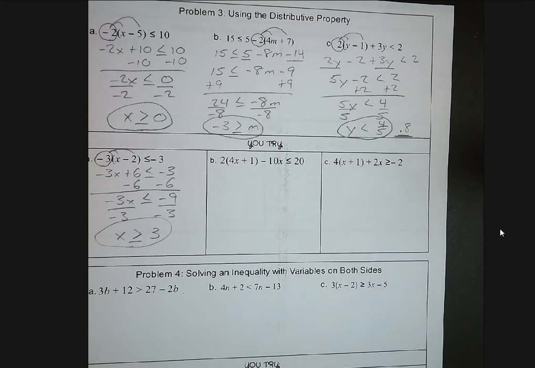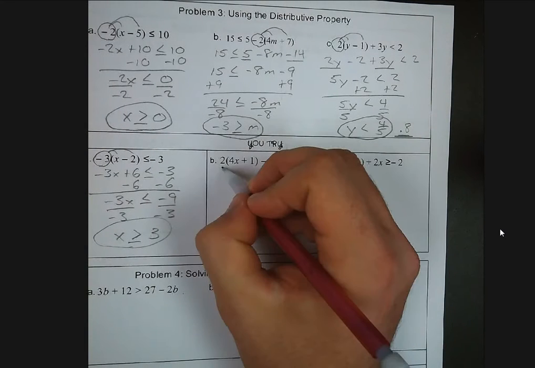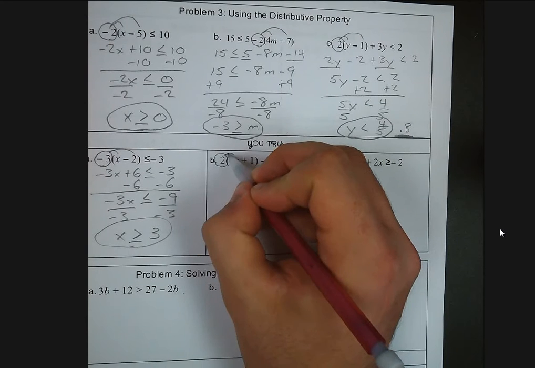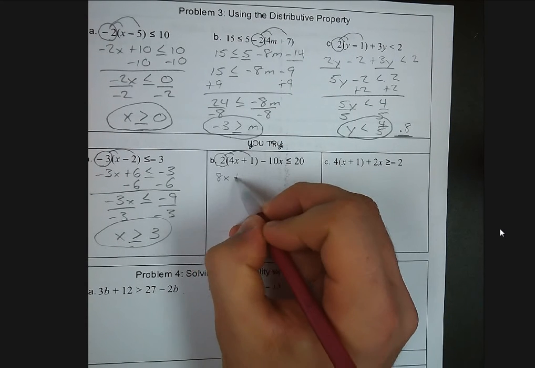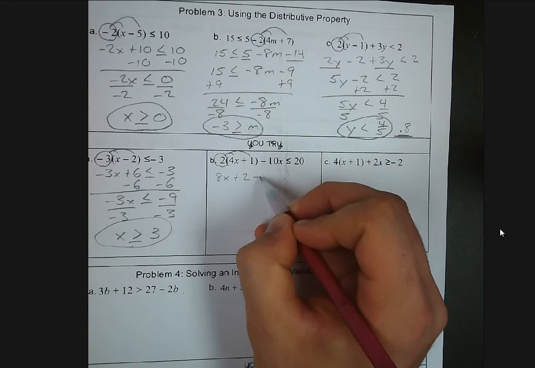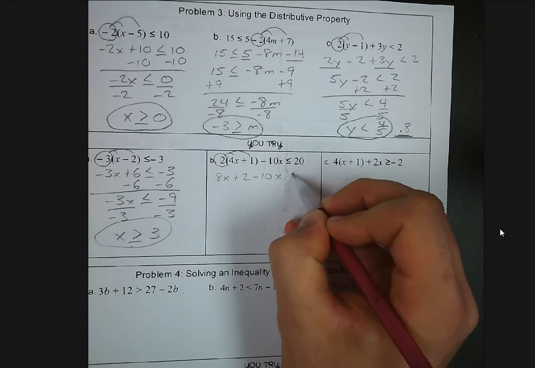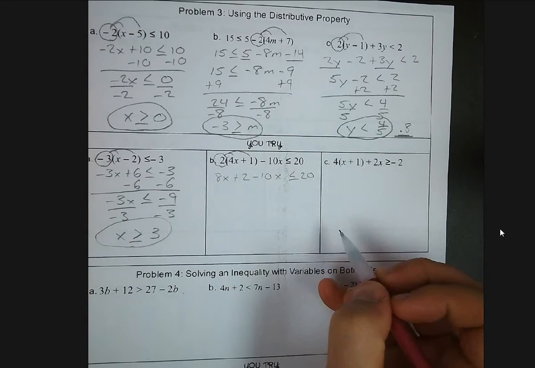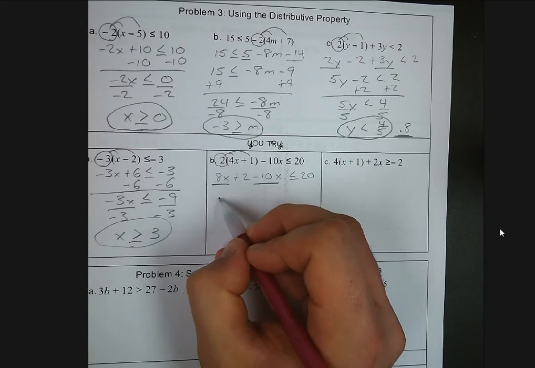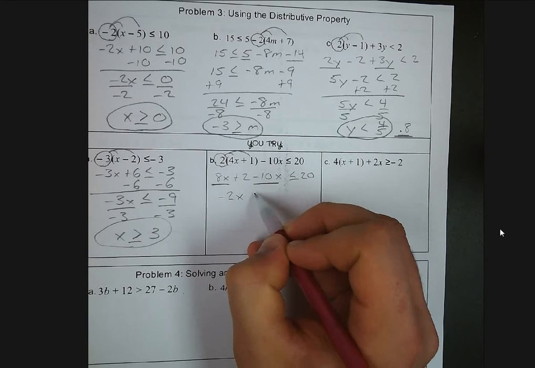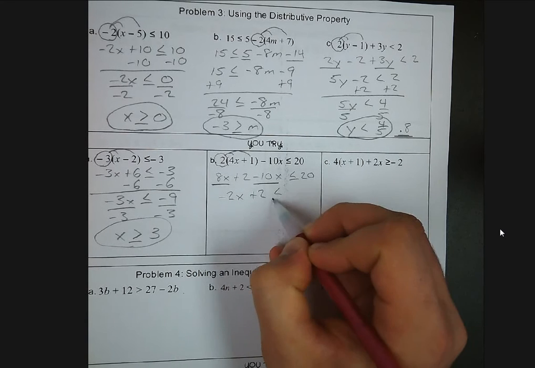Okay, letter B, we're going to distribute 2 times 4x and 2 times 1. So we have 8x plus 2 minus 10x is less than or equal to 20. So combine like terms. 8x minus 10x is -2x plus 2 is less than or equal to 20.